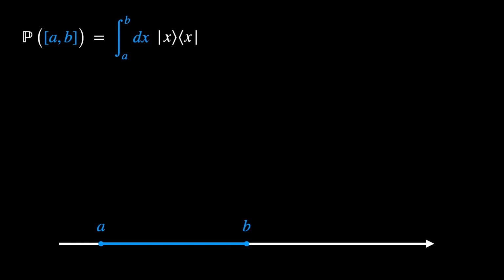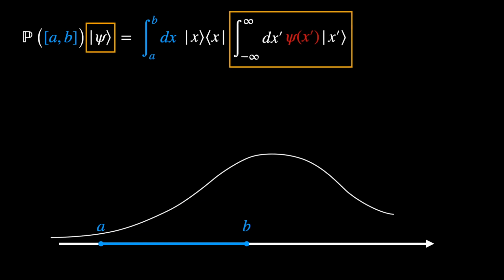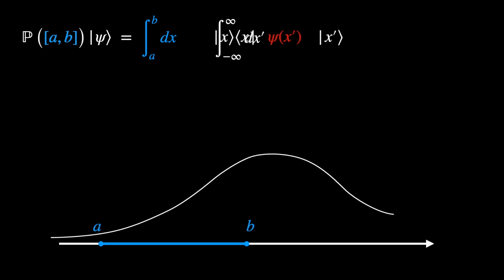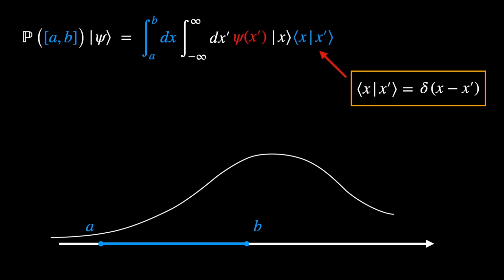Let's apply this operator to an arbitrary continuum state psi. In general, the wave function of this state can be distributed over the entire x-axis. The projector introduces a delta function into the integral, which selects only points within the interval AB.